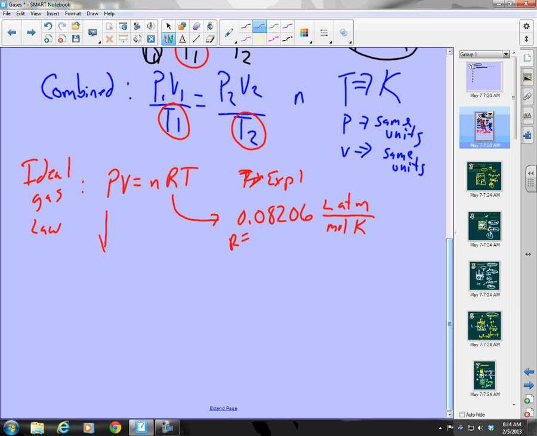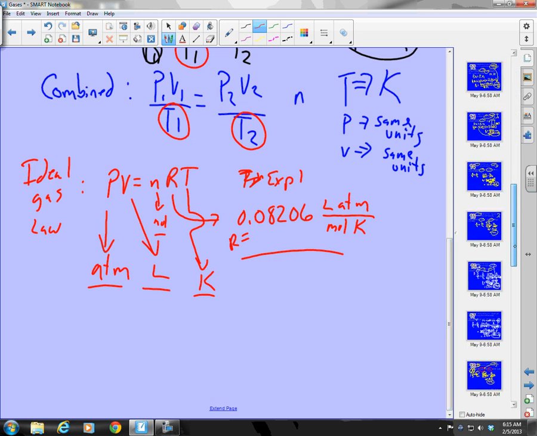That means my pressure must be in atmospheres. My volume must be in liters. My temperature must be in Kelvin. And my n must be in moles. Good. So this is a little more restrictive. I always have to have atmospheres, liters, moles, and Kelvin, and I have to use R, but like I say, if I have three of these, I can calculate the fourth. Are you ready to do a problem related to that?